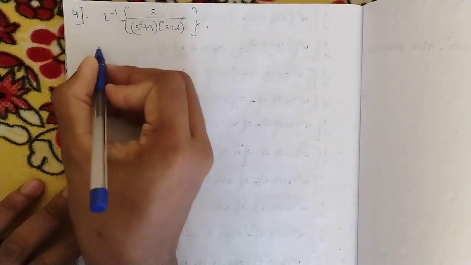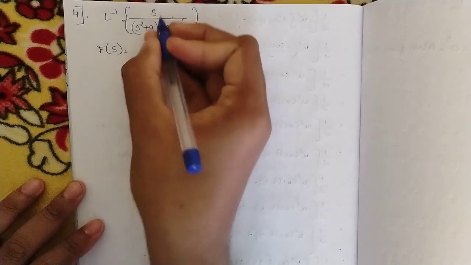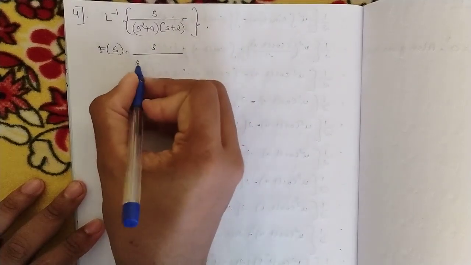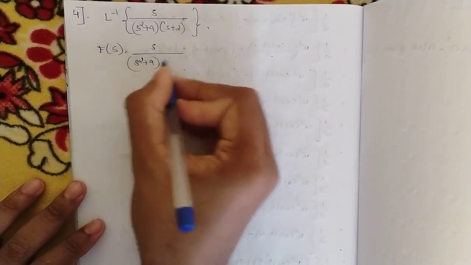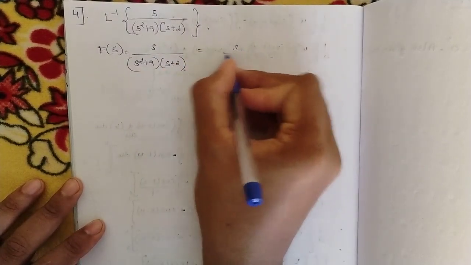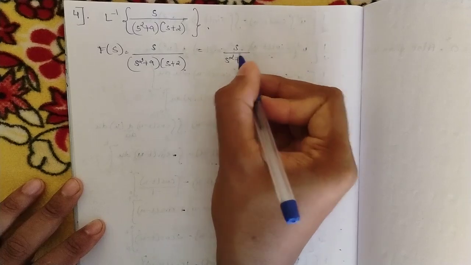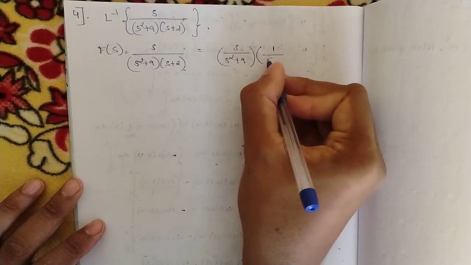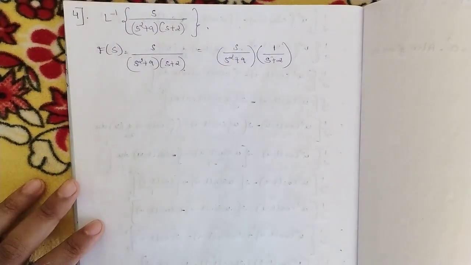Okay, so here f of s is s divided by s square plus 9 into s plus 2. So this again could be written as s divided by s square plus 9, introduce 1 divided by s plus 2.